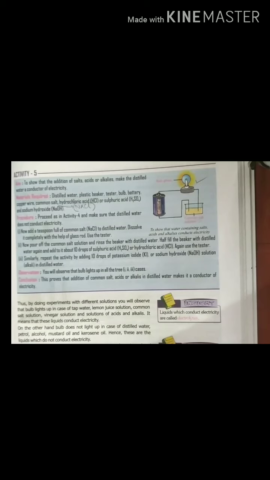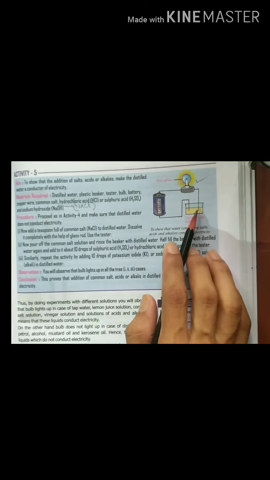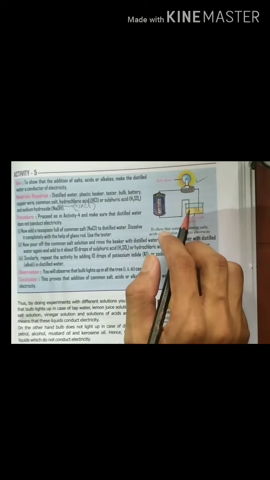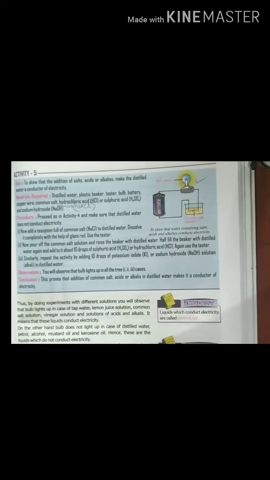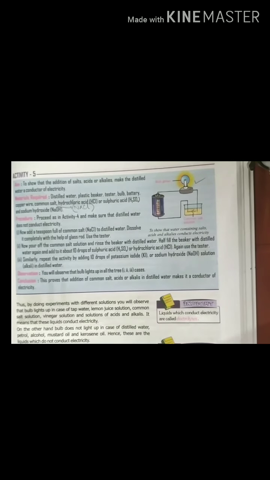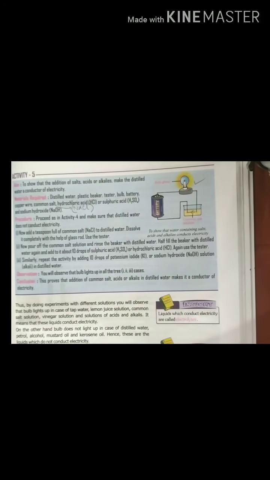That means from that experiment we can say that as soon as the common salt was added to the distilled water and the bulb is glowing, current begins to flow. The water becomes a conductor. The distilled water that was an insulator now becomes a conductor as soon as you add this salt or H2SO4 or HCl or NaOH.